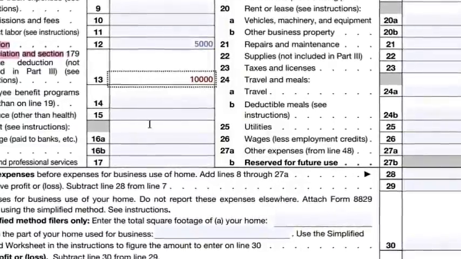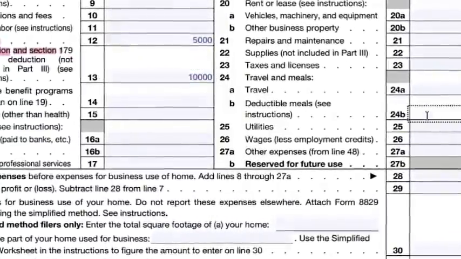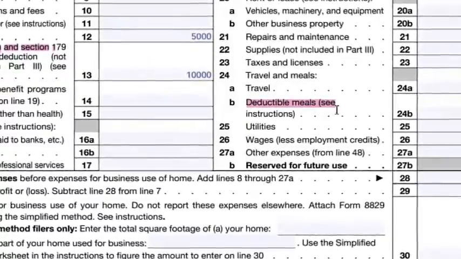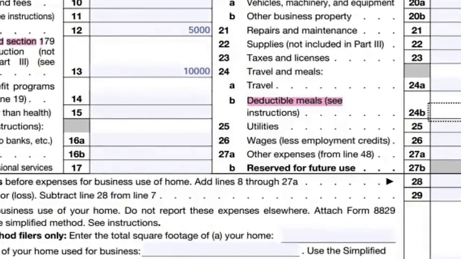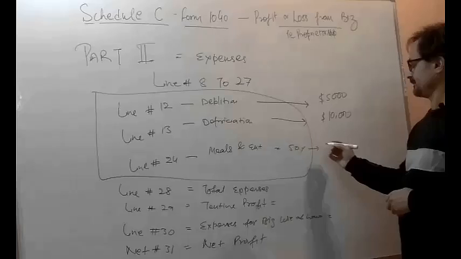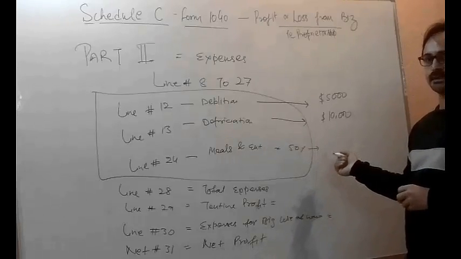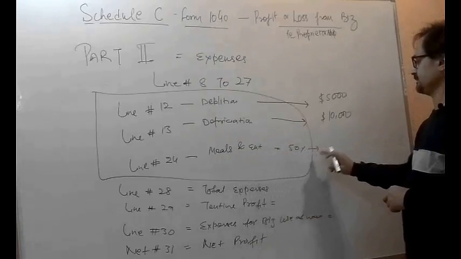Line number 24 is meals and entertainment expense. Make sure that whenever we are calculating income from Schedule C, we consider 50% of meals and entertainment again.